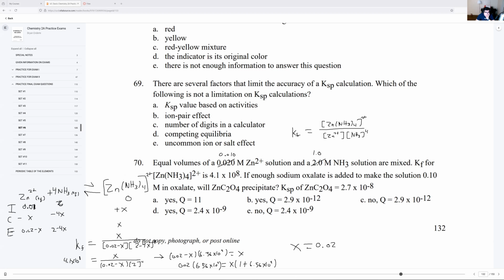That's a 1. That's a 1. I don't know how much it's really going to change. That's still just 4.1 times 10 to the eighth.